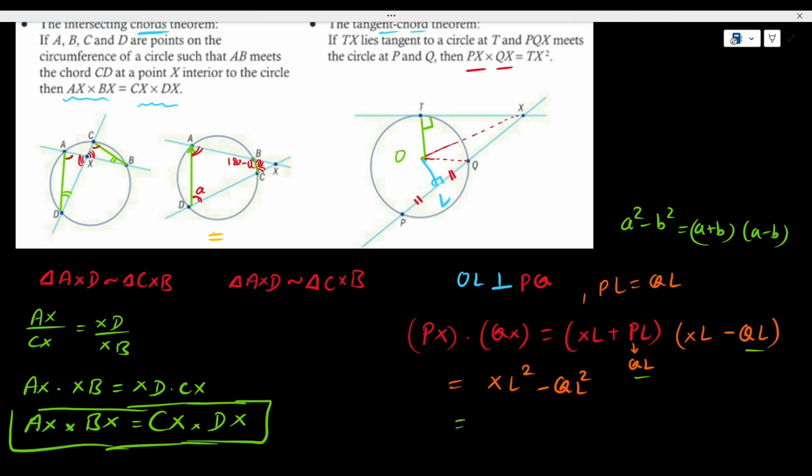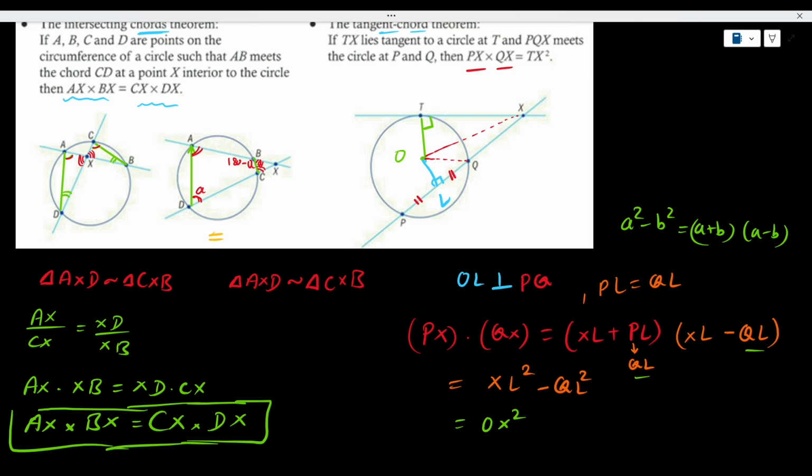Still, I have to get this in terms of XT. So let us see XL. We'll use the Pythagoras theorem in place of XL. I'm trying to connect this triangle with this triangle, because XT is part of this triangle, whereas XL is part of the other triangle. So we have to relate both triangles.